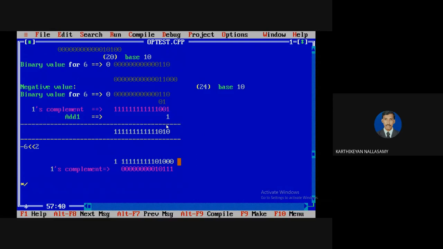I'll check it: 1, 2, 3, 4, 5, 6, 7, 8, 9, 10, 11, 12, 13, 14. Okay, so here 1 digit is missing. Okay, now it's okay. So this is the 1's complement. Then I need to add 1.